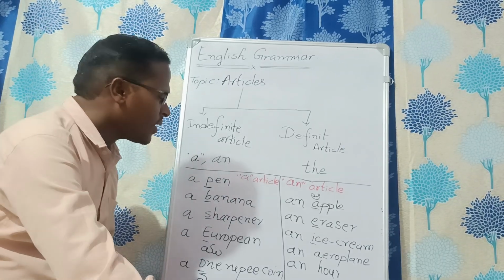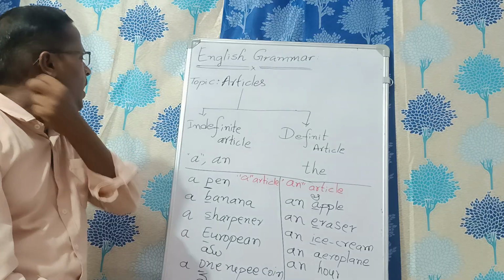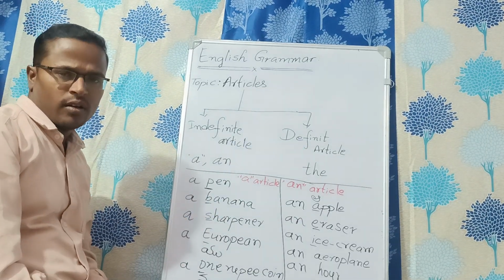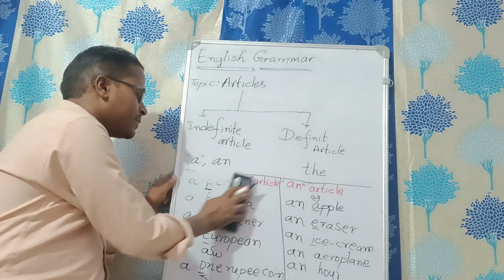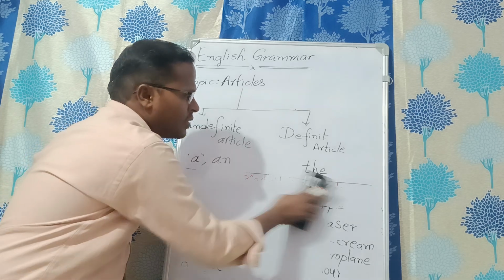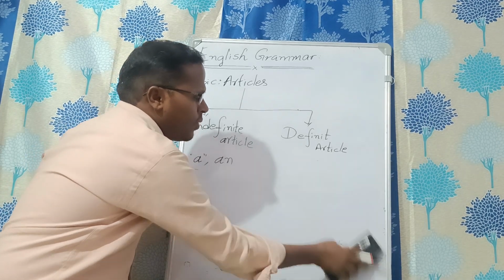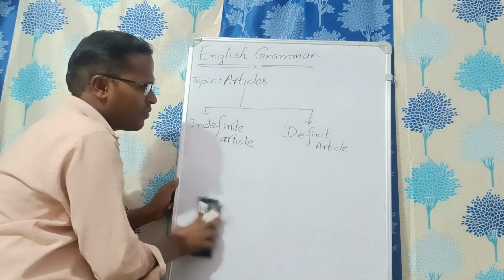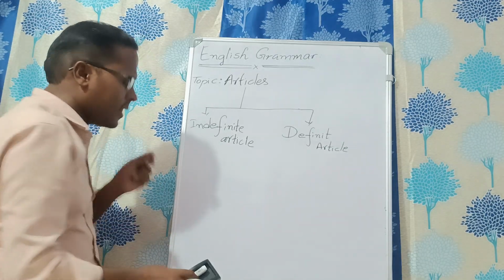So let us go with another article, that is the definite article. Generally when people talk about the definite article, they get confusion. Why?